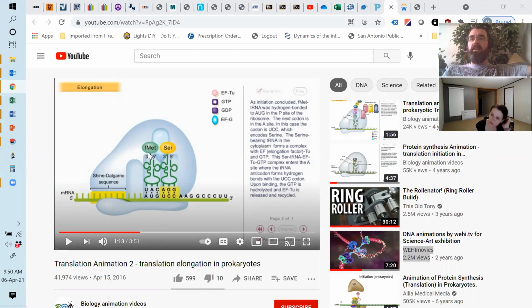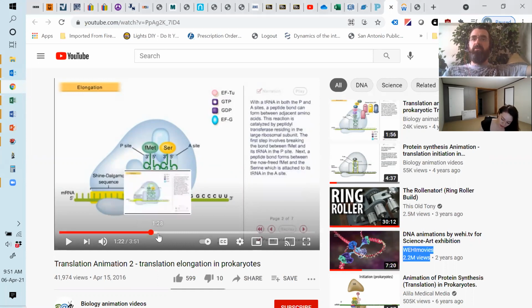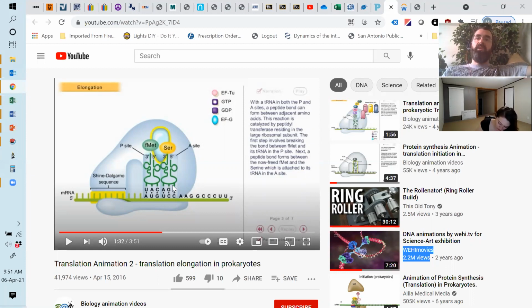And so its job is to cut off this amino acid. Right, so it removes that and then it catalyzes the formation of the peptide bond between the carboxyl group on this amino acid and the amine group on the one that is still attached to this serine tRNA.